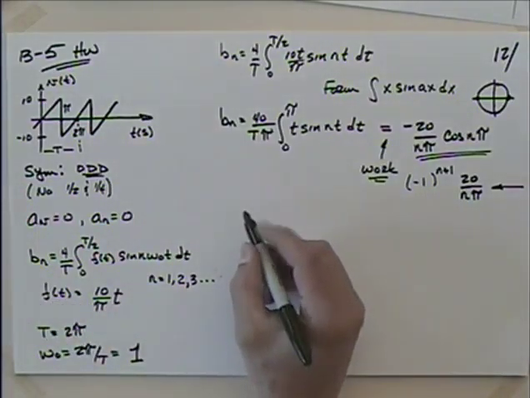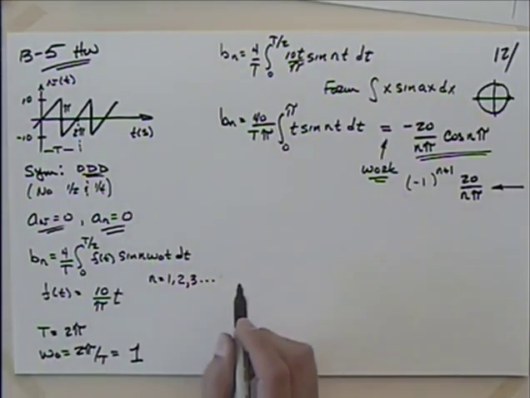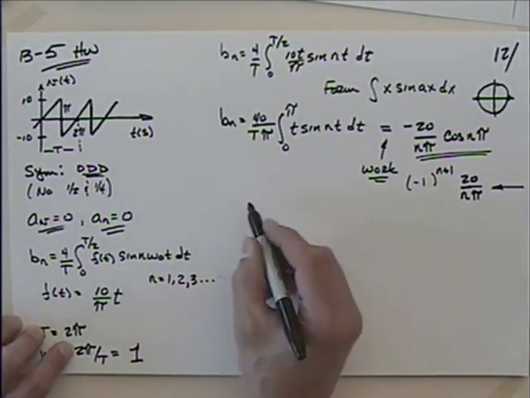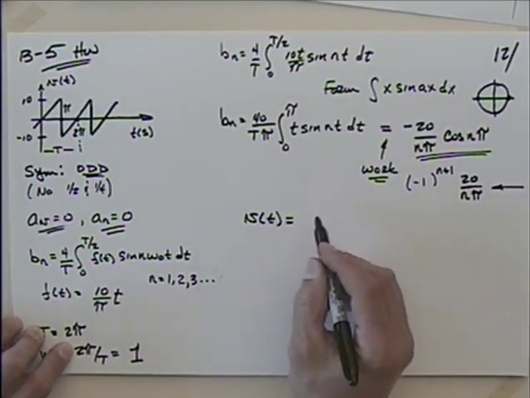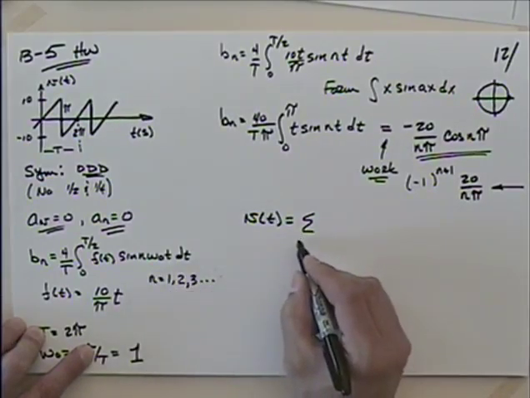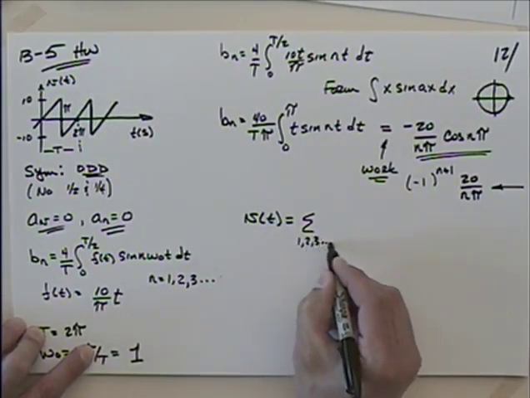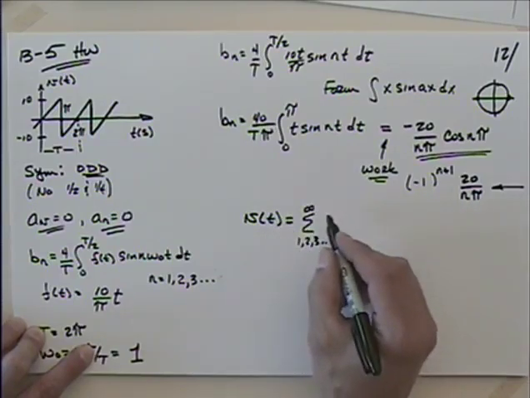So now we need to put this into the function, right? We have 0 average value, a sub n is equal to 0, so all I have to worry about is b sub n. So I could say that the voltage is equal to the sum, where the n values are 1, 2, 3, and so on up to infinity, of b sub n.